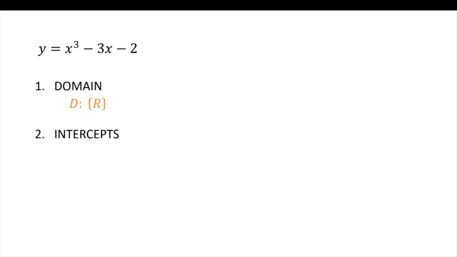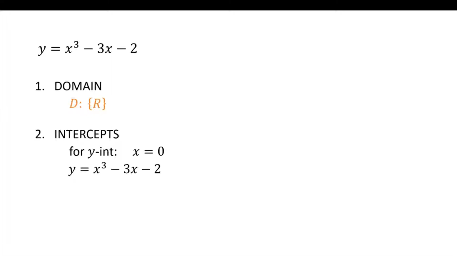Next, let's solve for the intercepts. Recall that these are points where the curve crosses the x-axis if it's the x-intercept, or the y-axis if it's the y-intercept. So if we want to solve for the y-intercept, you have to equate x to 0 and then plug in x equals 0 into the original function.